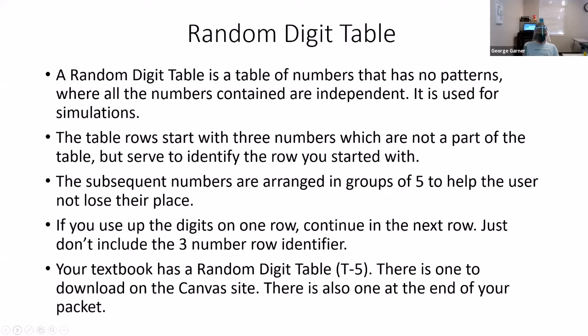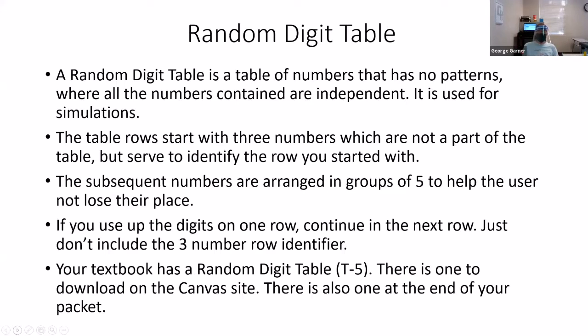They are arranged in groups of 5, and I guess they're supposed to help the user not lose their place. But this is a tough kind of thing. You've got to have a good eye for detail to not get this wrong. Having them split into groups of 5 can be helpful in some capacity and not so helpful in others. But that's the way it's arranged.